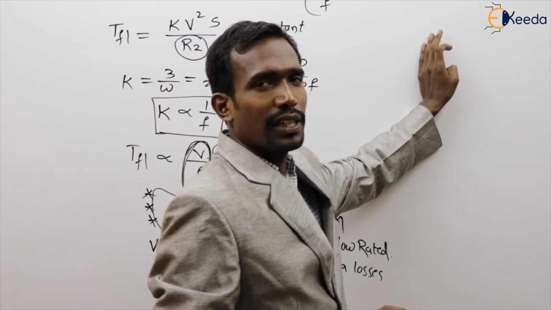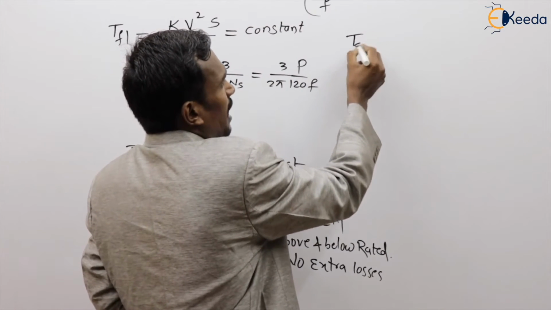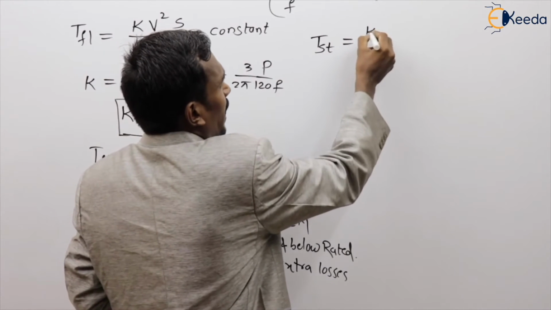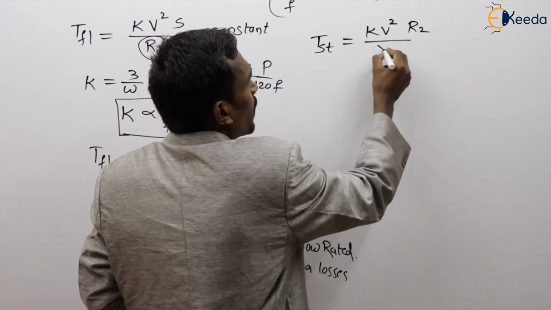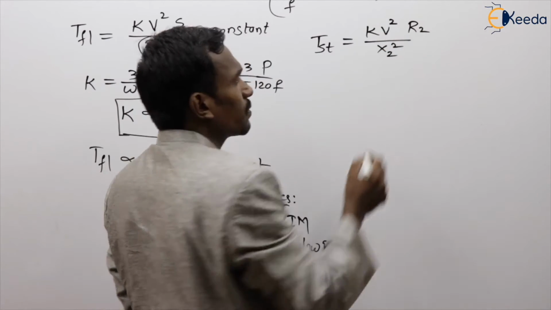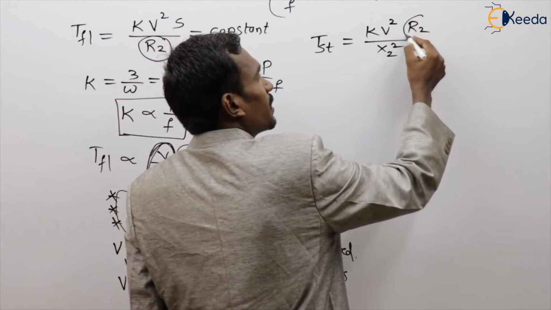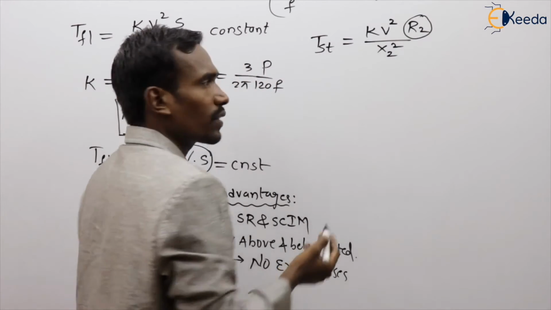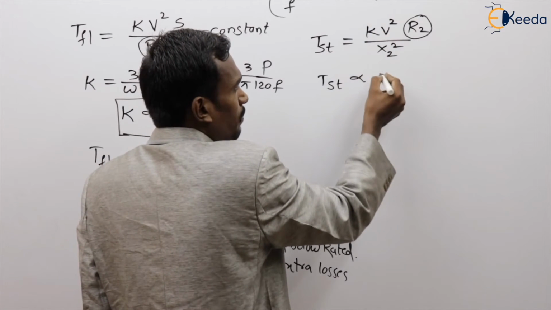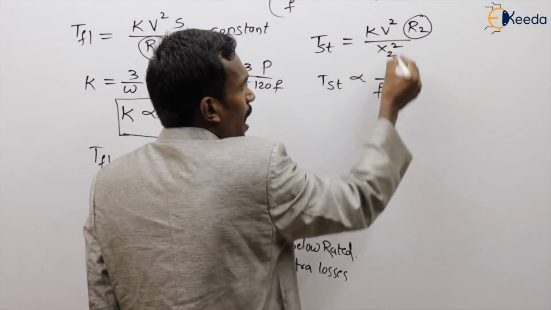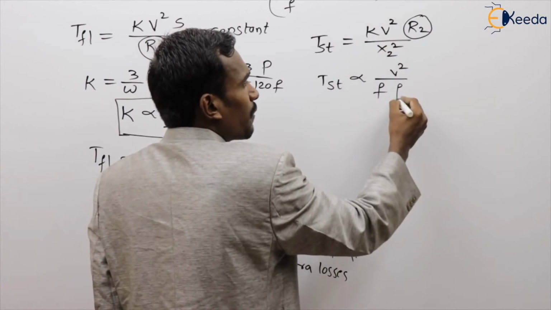See here, torque control. First of all, the starting torque is equal to K into V square into R2 by X2 square. Generally R2 is constant, but the starting torque is directly proportional to K, nothing but 1 by F. And here we have V square, and here we have F square.